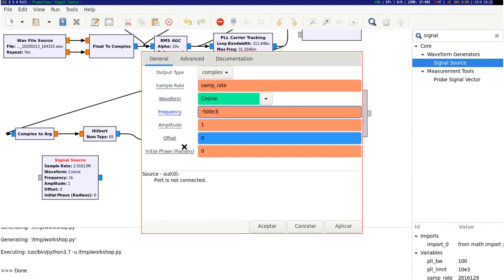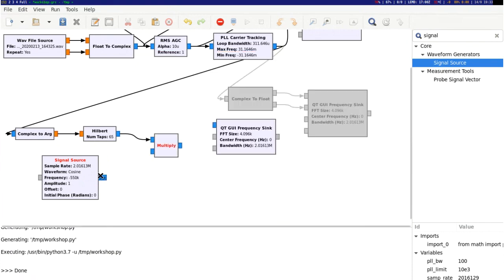And here I'm going to put minus 500 kilohertz. Why? If we saw in the frequency plot, the center of the sideband is more or less around 500, or actually 550. I'm going to cheat a little bit since I know the answer. 550 kilohertz. That's more or less the center of the sideband.